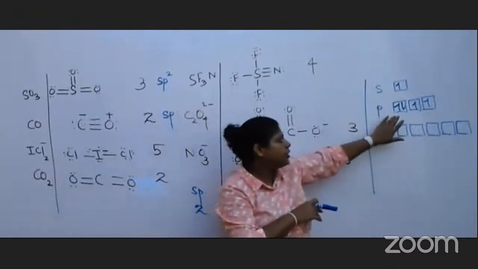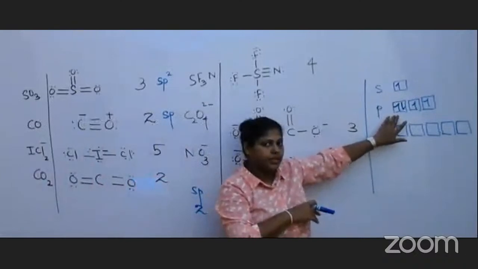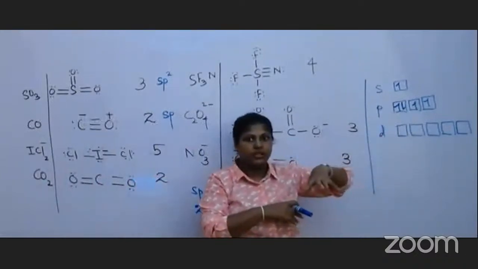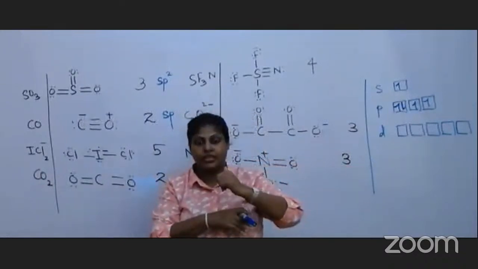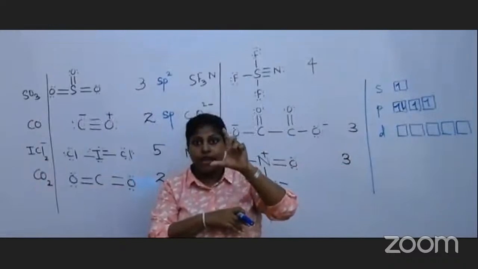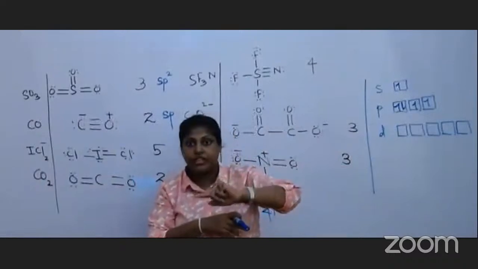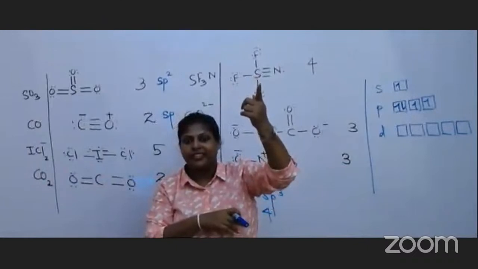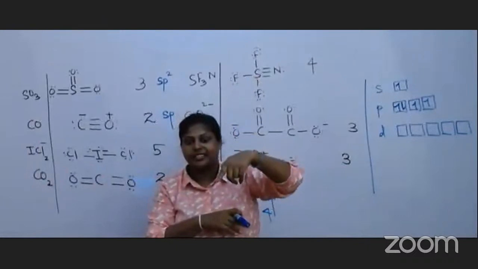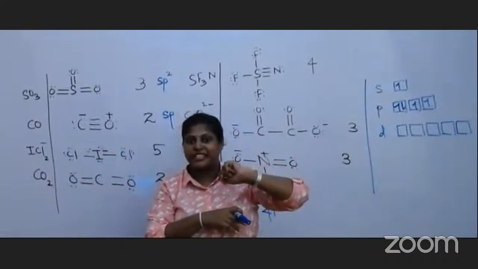Don't think about this. When we take the hybridization, like PO4 3 minus, it forms 5 bonds by shifting one of the electrons to the d orbitals. Right? You should know that. I'll explain that part in the next video.